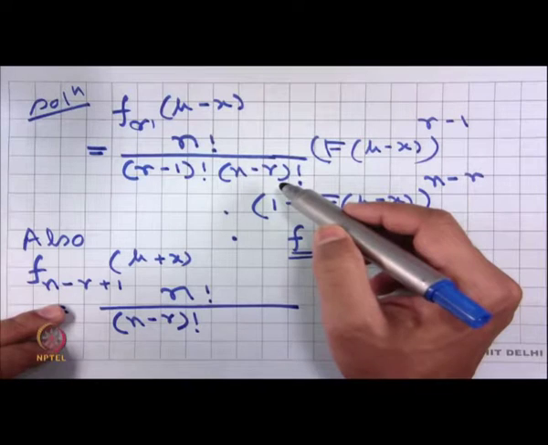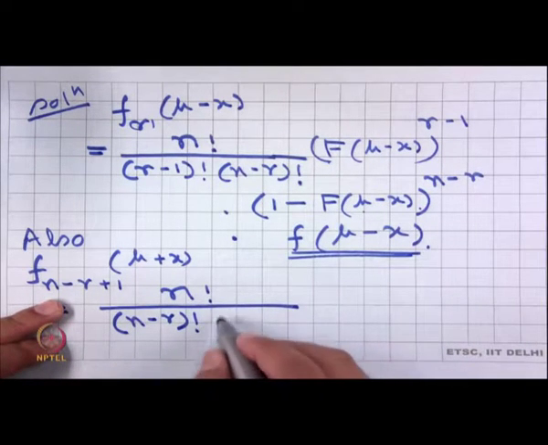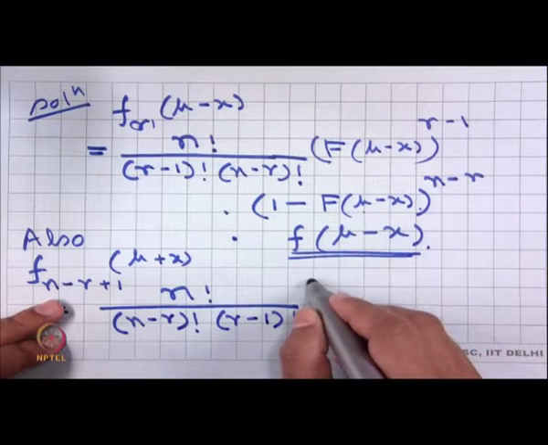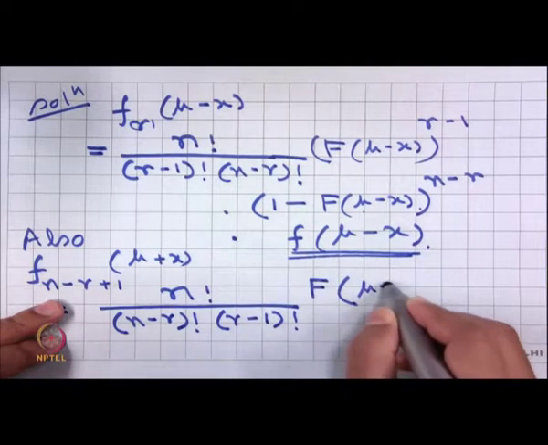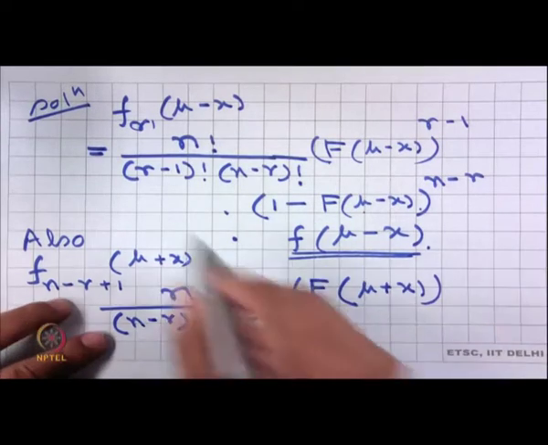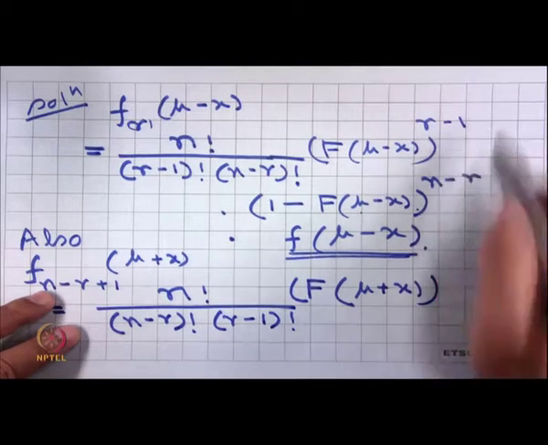So, that is going to be r minus 1 factorial, f at mu plus x, whole to the power n minus r, because n minus r plus 1. So, 1 will be less.